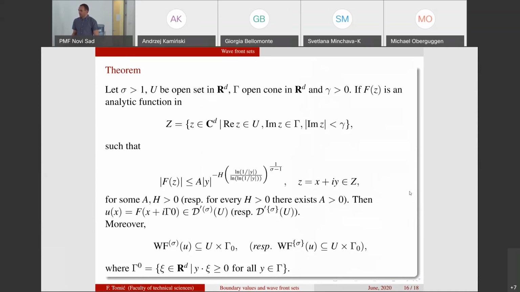And then we can say when we let epsilon tend to zero, we end up in this space. So this is the boundary value result for these intersections and unions. And moreover, we can prove that the corresponding wavefront sets are somehow in a dual form. This is just a notion of dual form with respect to this number.